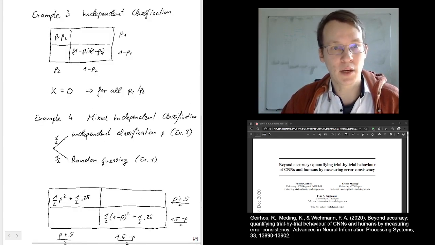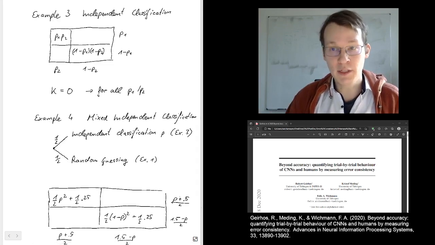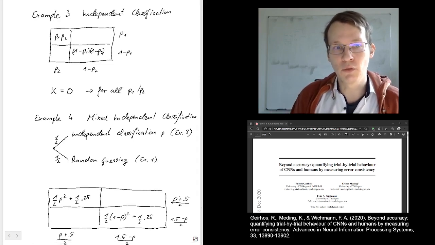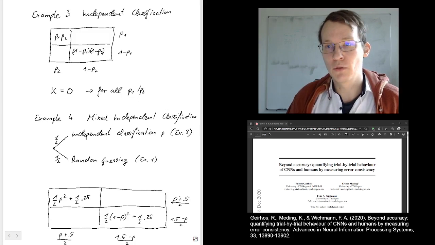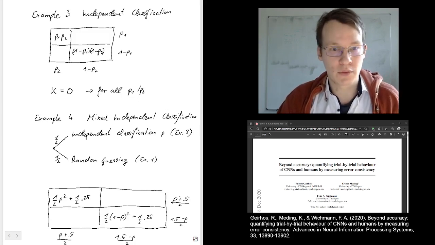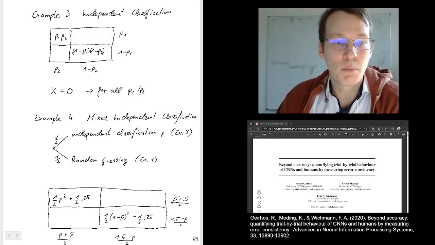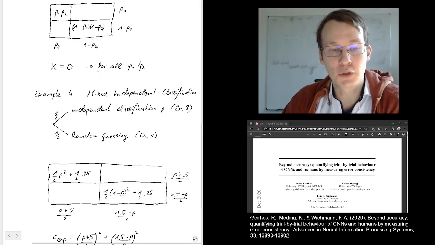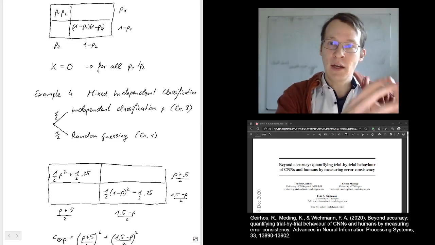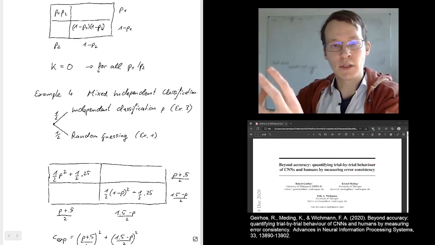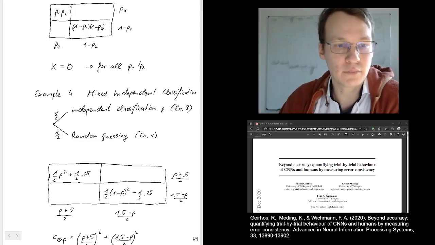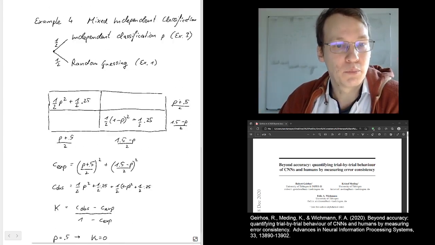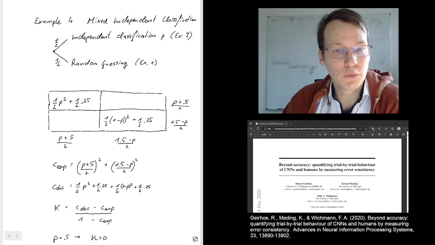So again, the third example, if they are just classifying independently with their individual accuracies P1 and P2, we expect a Cohen's kappa of 0, and in random guessing there also is a Cohen's kappa of 0. But here we introduced a structure that some of the instances are higher accuracy P and some of the instances are just randomly guessing. So we can put together this confusion matrix again.